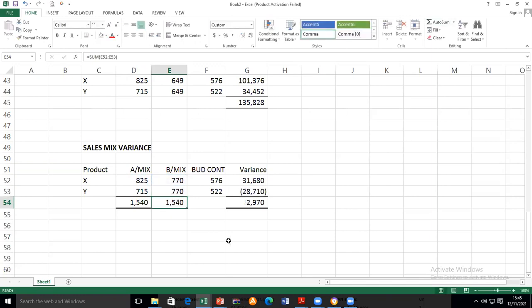The budget shows 50-50, isn't it? Yes, that's what the budget shows. Budget contribution. So we've got a mix variance here: 2970 favorable.